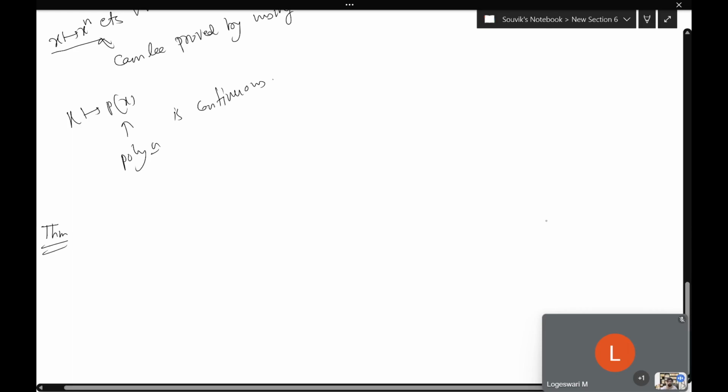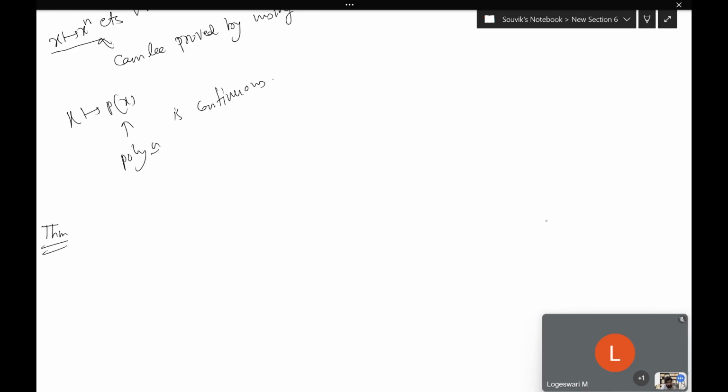The definition of continuity and this theorem are equivalent, and I'm sure that the sir has already proved this. But the importance of this theorem is that the definition of continuity is somehow abstract. If we have some complicated function, then using the definition it is not always possible to show that the function is continuous.